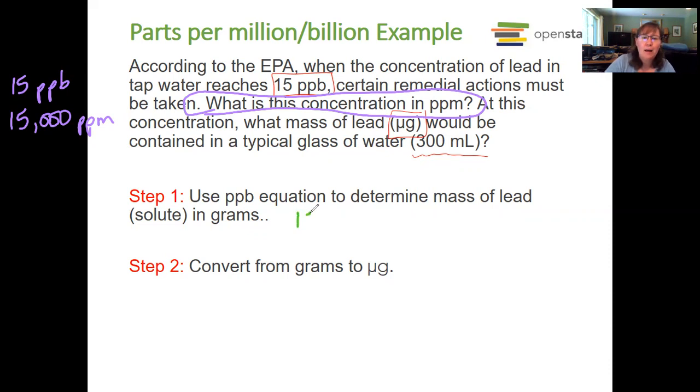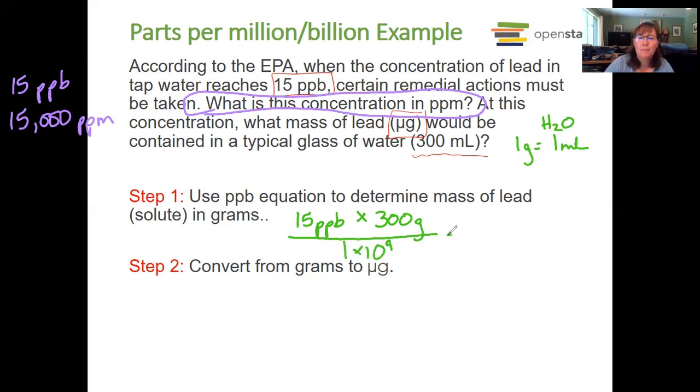You have 15 parts per billion times 300 grams. We're assuming here that we have 1 gram in 1 milliliter, which is the density of water, divided by 1 times 10 to the 9th.